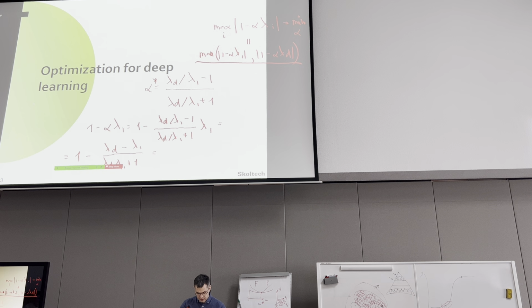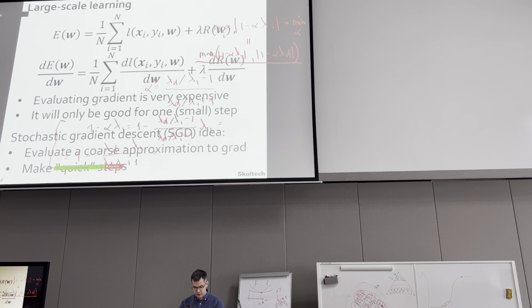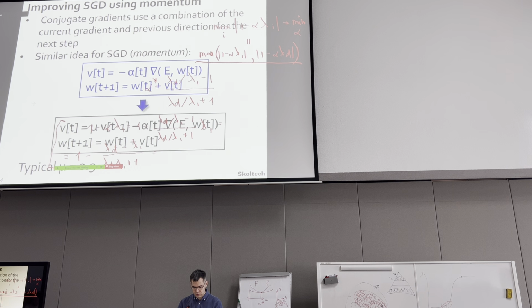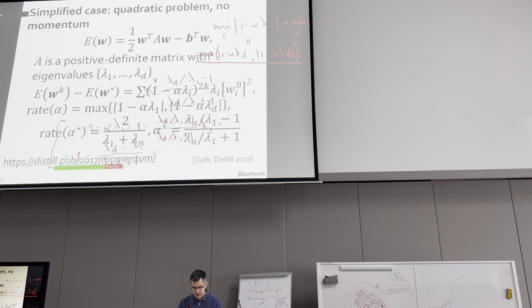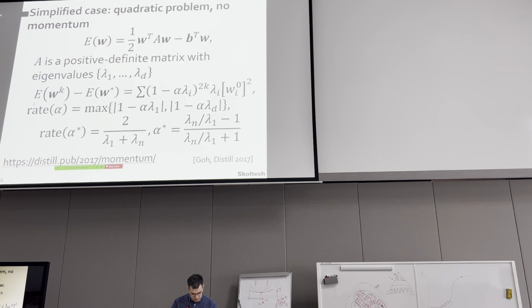With the opposite side, yes. And if you want to continue this derivation, you obtain exactly what's written in this slide here. And we see that the ratio will be like this. Okay.